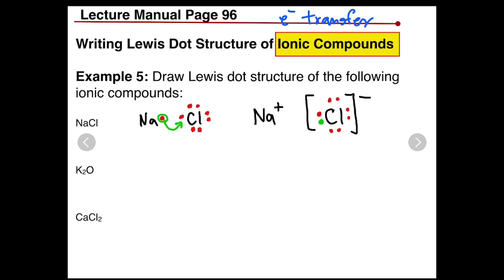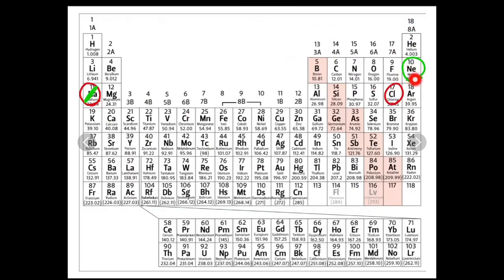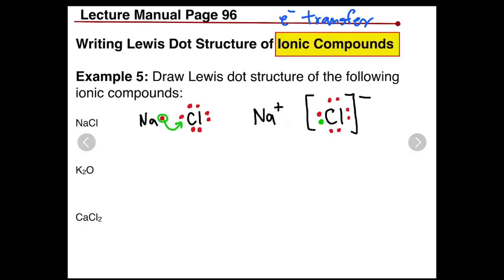So what you will need to do is show, for the anion, you always need to show the 8 electrons. For cation, you don't need to show anything because it's actually going to refer to the same number of electrons as the noble gas, without showing any dot for the cation. So again, for an ionic compound Lewis dot structure, the cation would have no electron dot around it because it already completely transferred.